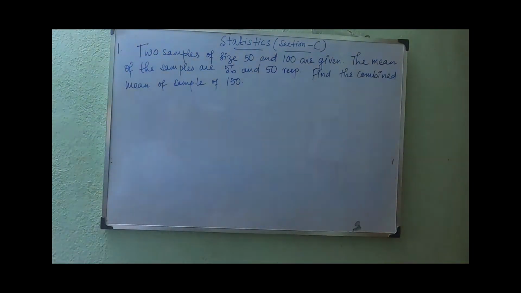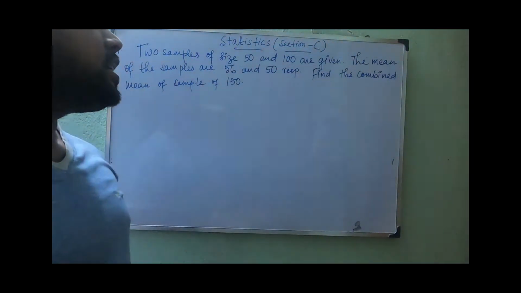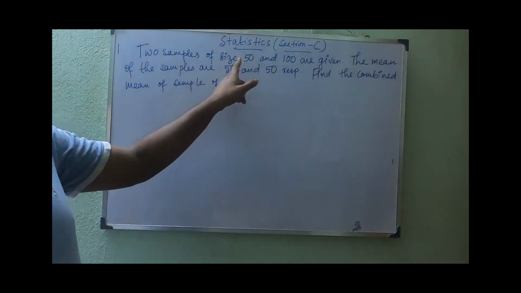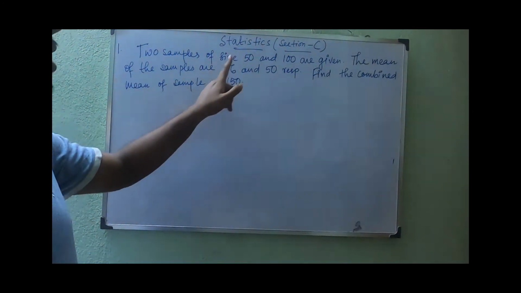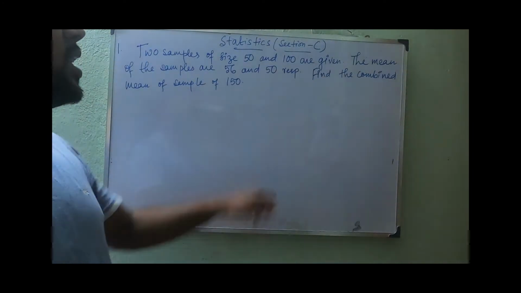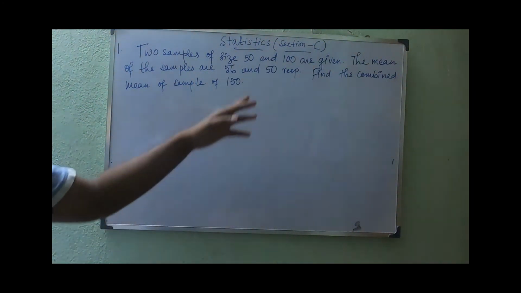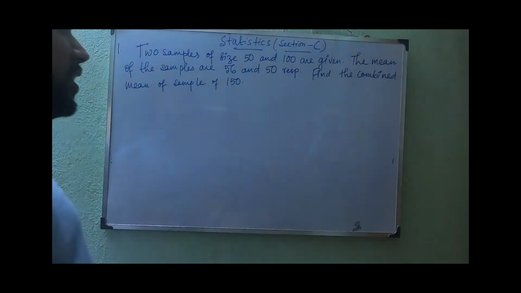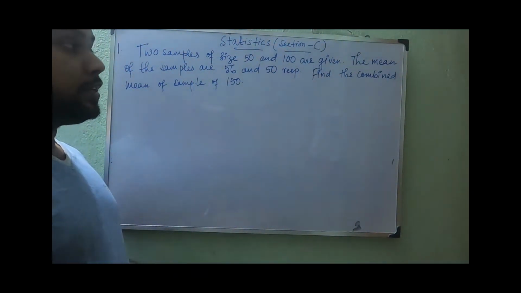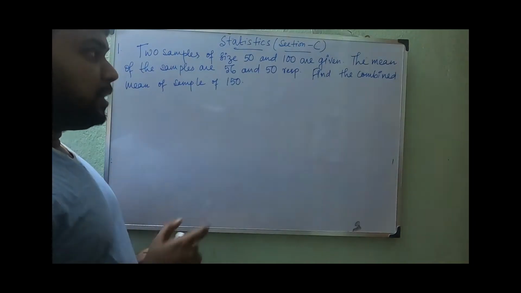The question is, you are given two sets of observations, one of size 50, one of size 100. The one which has 50 data has a mean of 56. The one having 100 data has a mean of 50. So I have to find the combined mean.